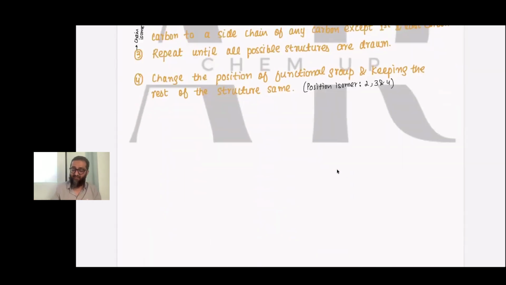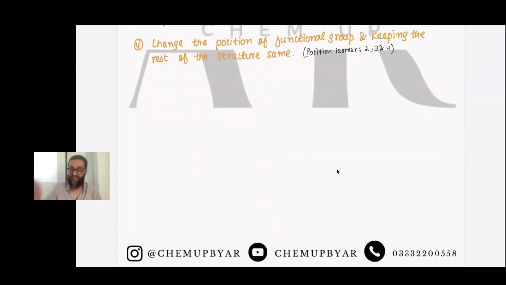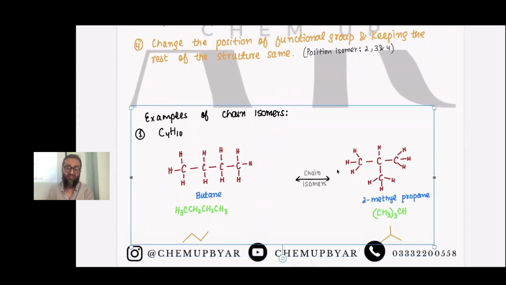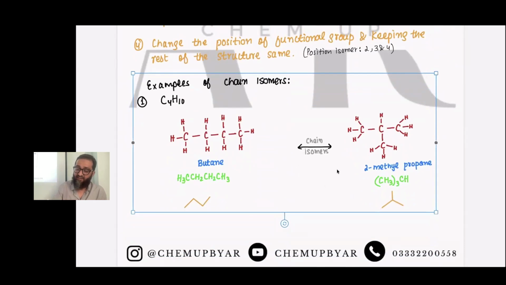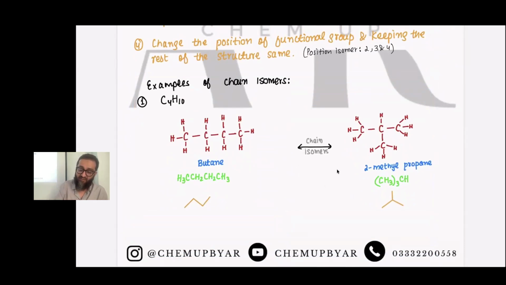Now have a look at the examples of chain isomers. For example, if I take the C4H10 we have just discussed, that's what I did over here. If I need to draw C4H10, I draw 1, 2, 3, 4, the straight chain structure, which is one isomer, and then 1, 2, 3 and I put the branch on the second carbon.